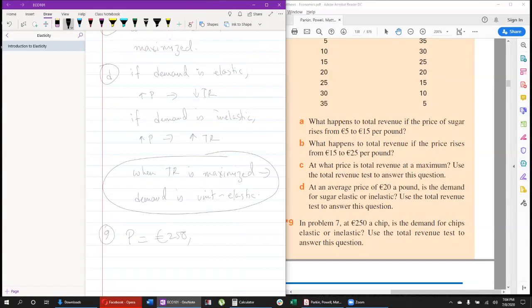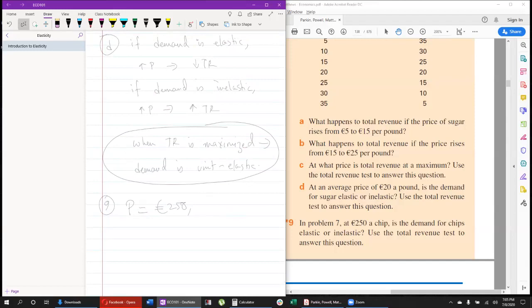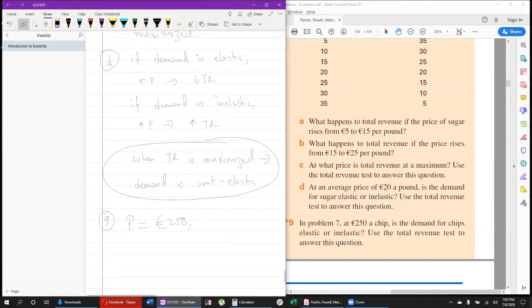So here's the thing. Once again, I'm going to do this very quickly. I'm not going to explain in great detail, because I want you guys to think about it. But if you do the entire thing, what you are going to see is that at price 250, if price goes up, total revenue is going to go up.